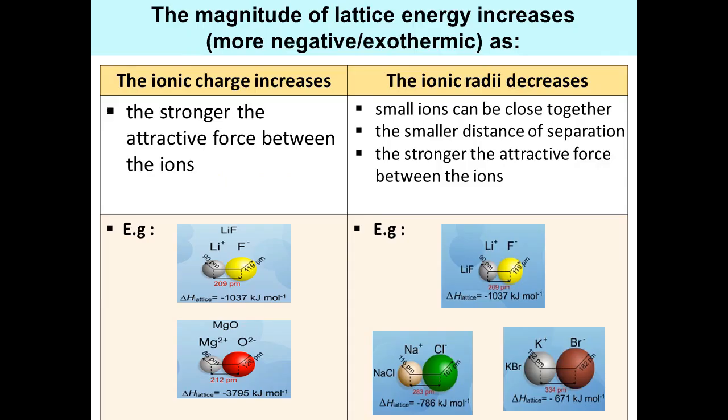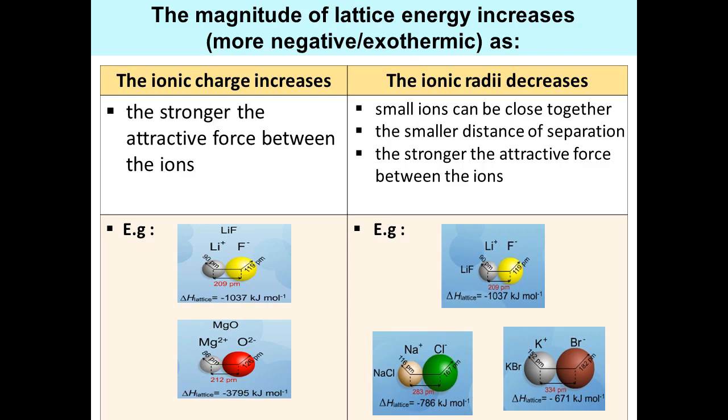Okay, the magnitude of lattice energy increases, that means more negative or more exothermic. The first reason is the lattice energy increases when the ionic charge increases. The higher the ionic charge, the stronger the attractive force between the ions. For example, compare the ionic charges of Li+ and F− with Mg2+ and O2−.